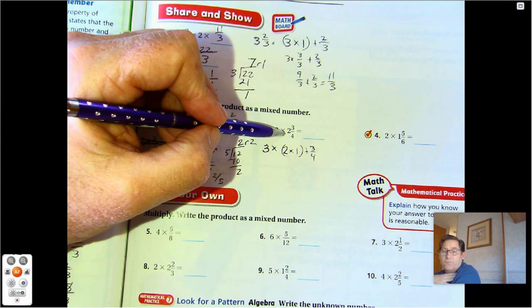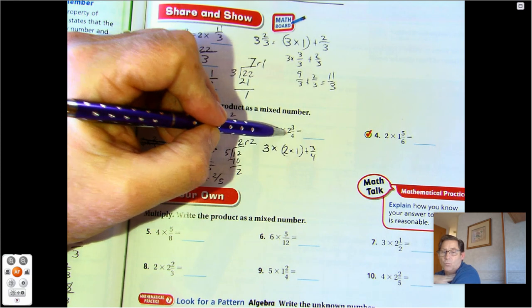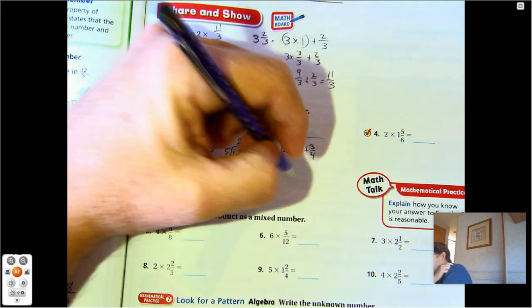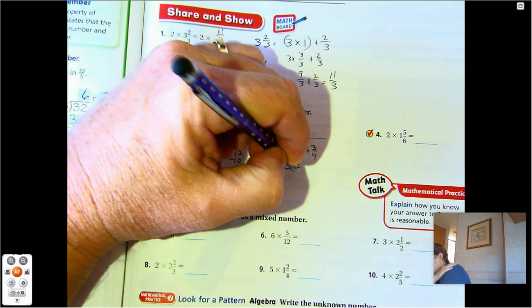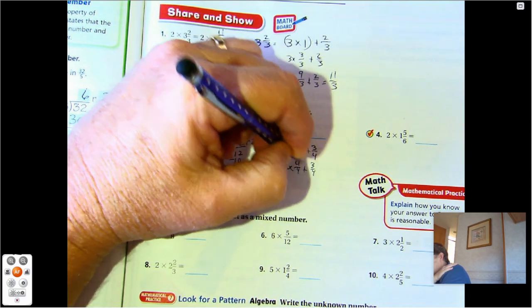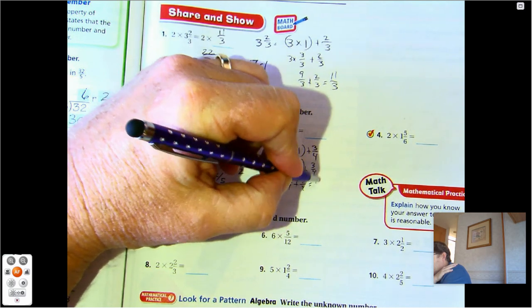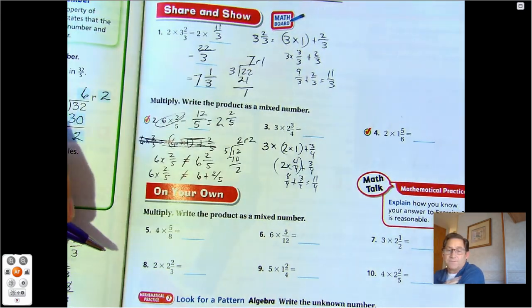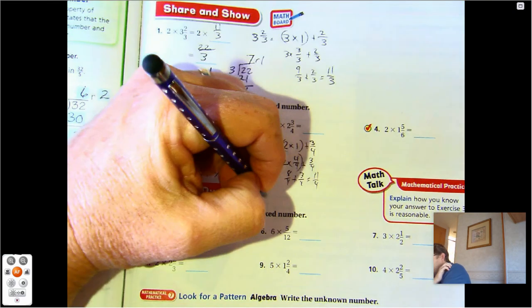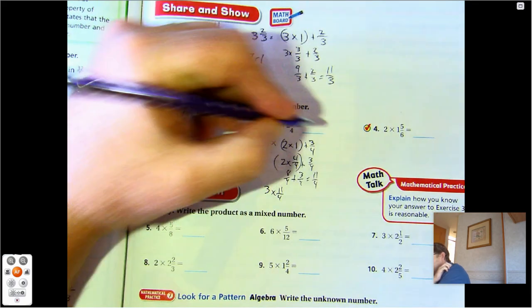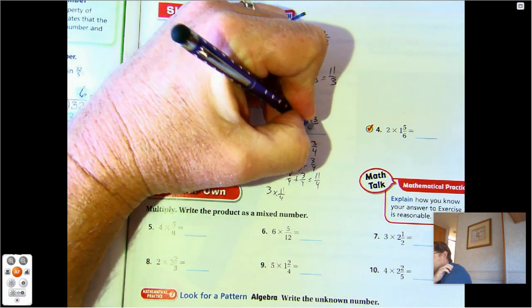We're going to rename the 1 of 2 times 1 as 4/4. 2 times 4 is 8/4 plus 3/4 gives us 11/4. So 3 times 11/4 gives us 33/4.